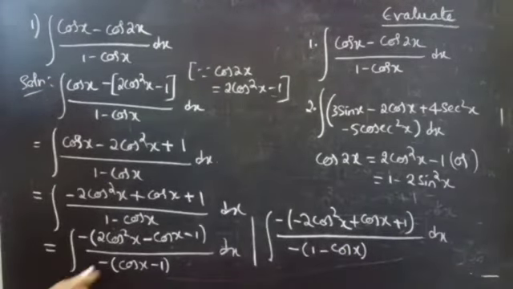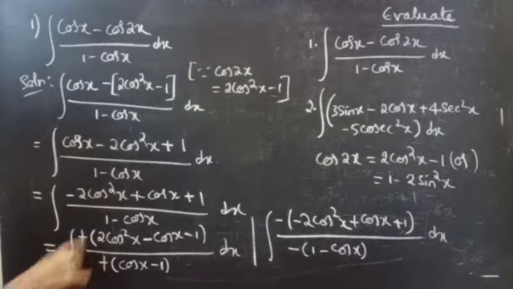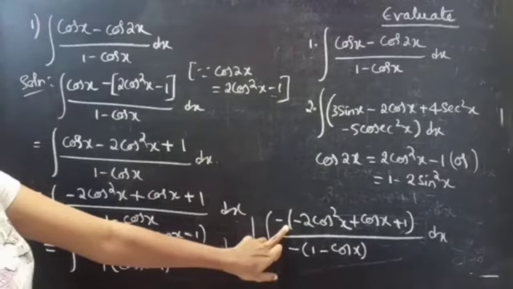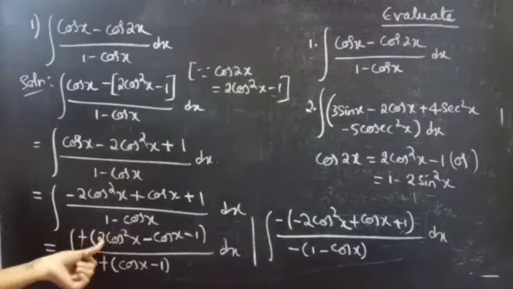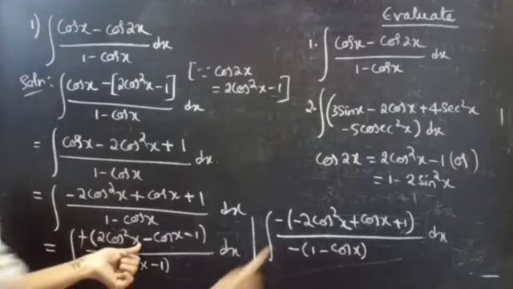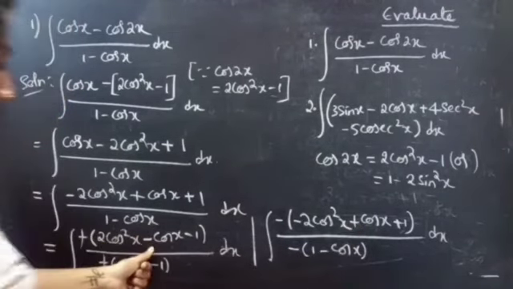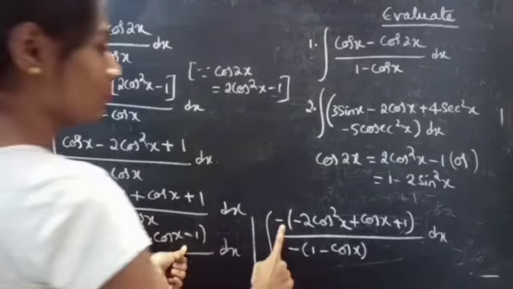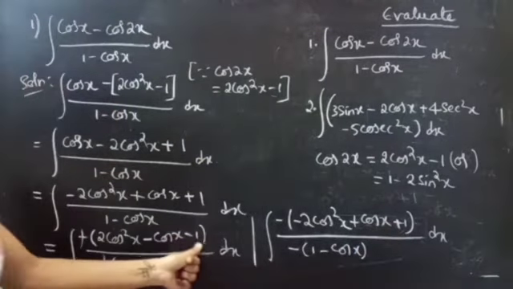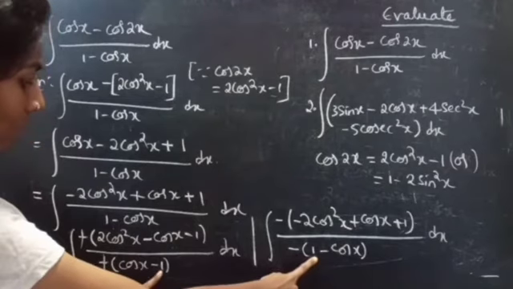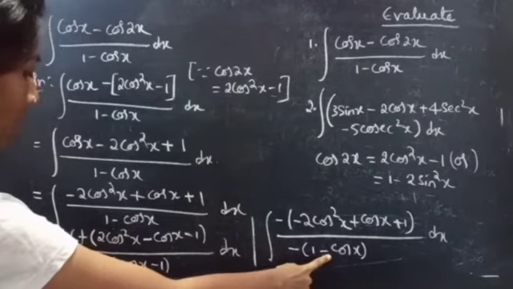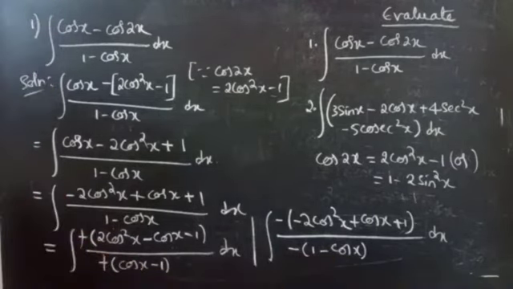Okay, so previously we have taken minus common, right? Now look at this. If you multiply with minus, minus into minus 2 cos square x gives plus 2 cos square x, again minus into plus cos x gives minus cos x, again minus into plus 1 gives minus 1, and in the denominator minus into 1 minus cos x gives plus cos x minus 1.